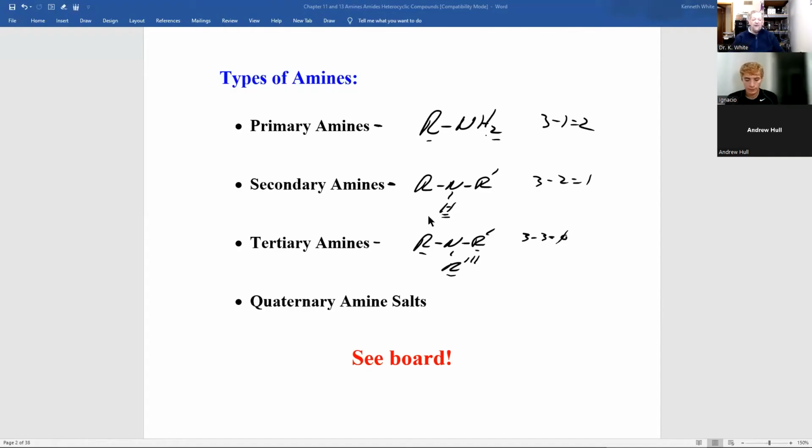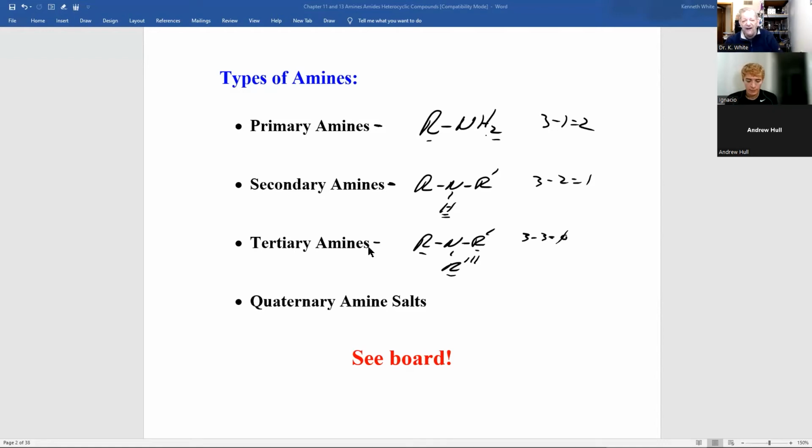All right, let's continue. And we're talking about one of my favorite areas, amines. And you can have a primary amine, secondary amine, and tertiary amine. Now, I rarely do this, but I will now. I didn't do it with alcohols.